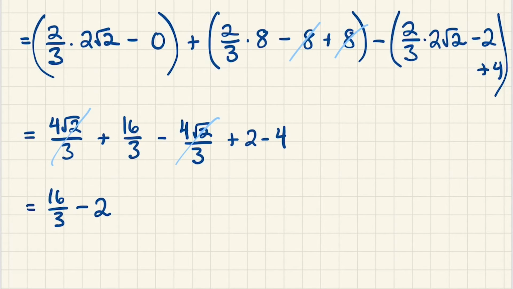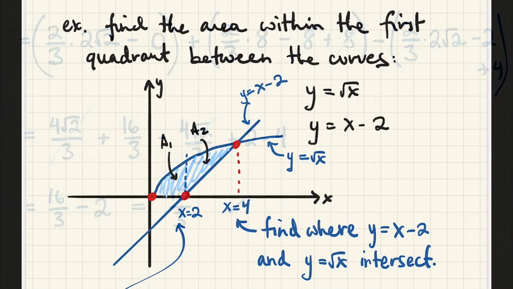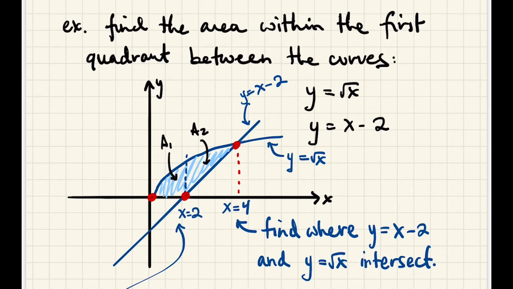So 2 is 6/3, so this would be 16 minus 6 in the numerator, which is 10/3. Final answer. So this thing has an area of exactly 10/3.